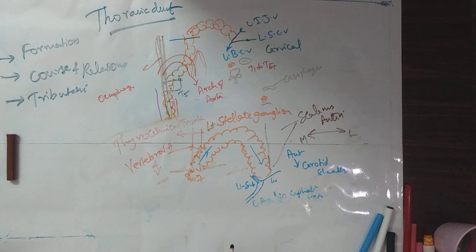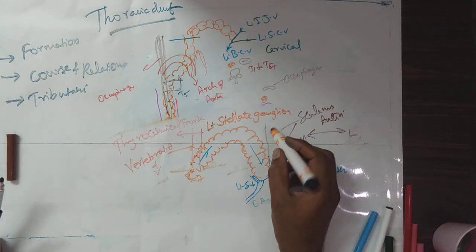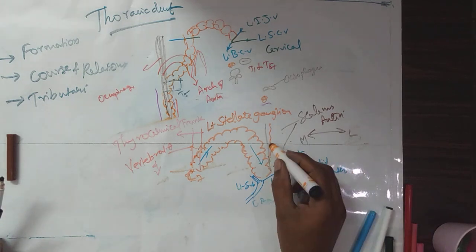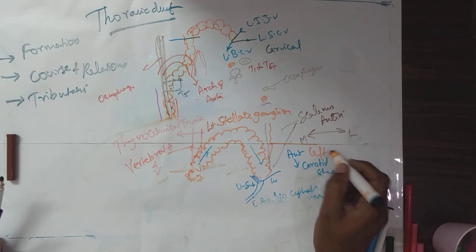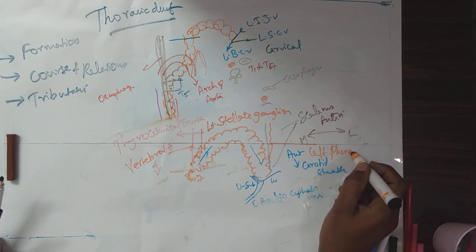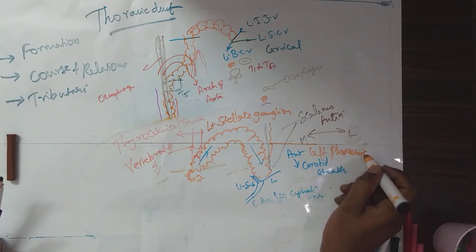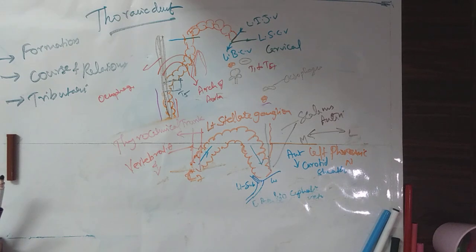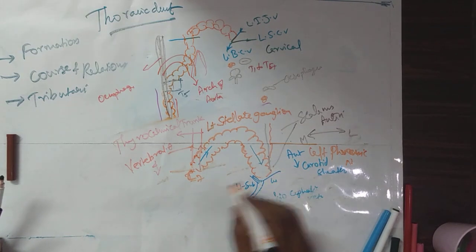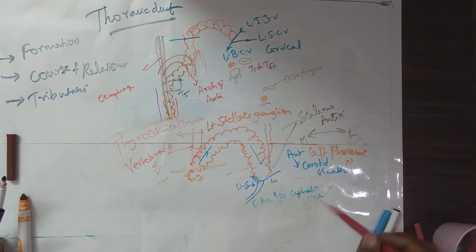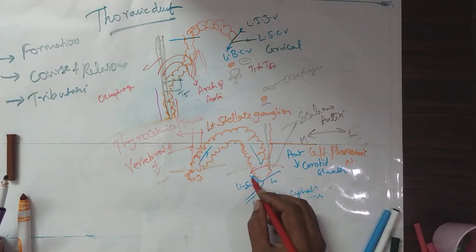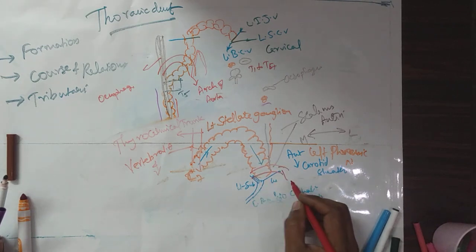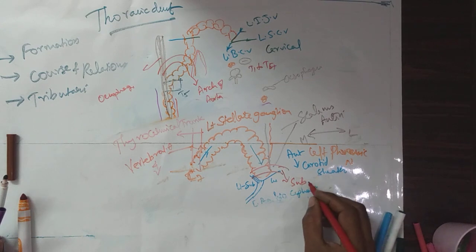So it's related with the medial border of scalenus anterior, and related with that the left phrenic nerve, and here first we have your subclavian artery.